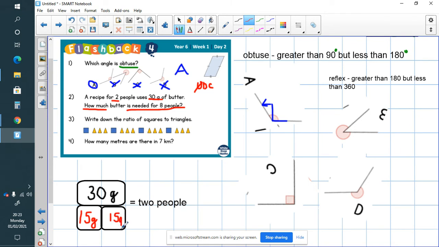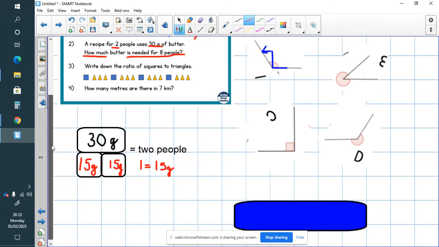That means that one person equals 15 grams. I can use that knowledge then to find out how much butter is needed for 8 people. What would you do next, Year 6?